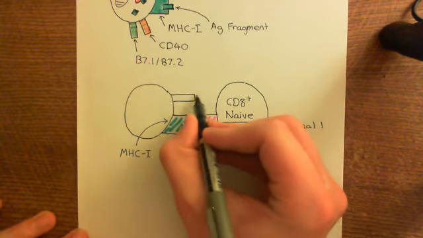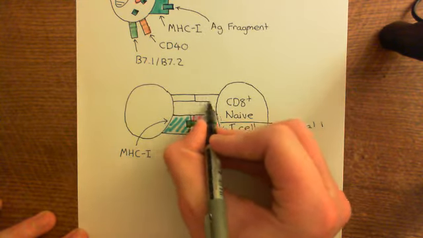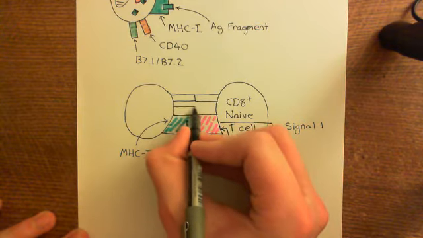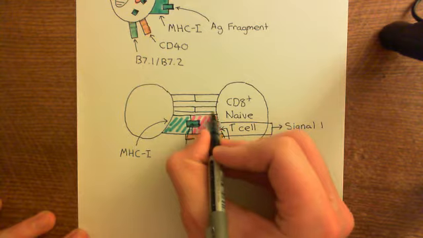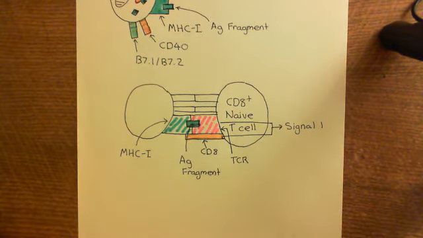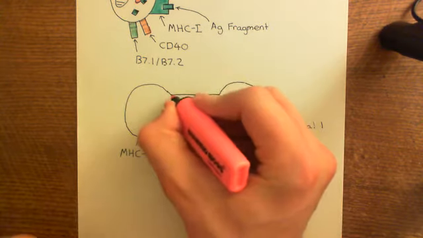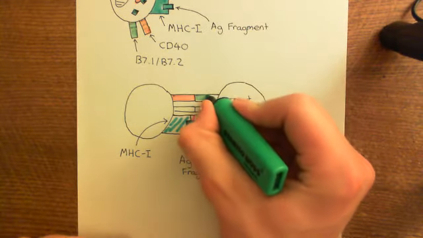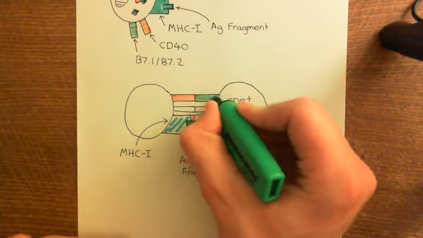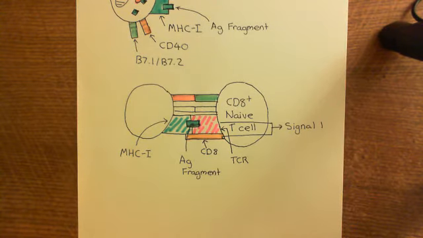So here's CD40 binding to CD40 ligand, and here is B7.1 or B7.2 binding to the CD28. Okay, so let's colour all of those in. So we'll have the CD40 in red here. Okay, we'll have CD40 ligand on the surface of the naive CD8 positive T cell in green.